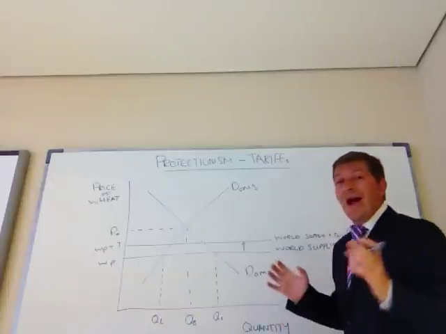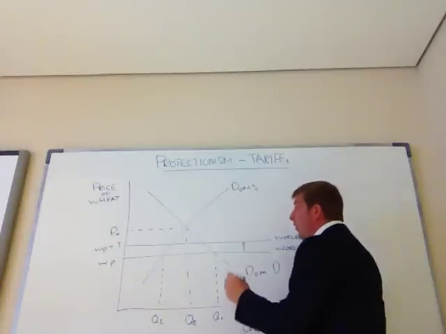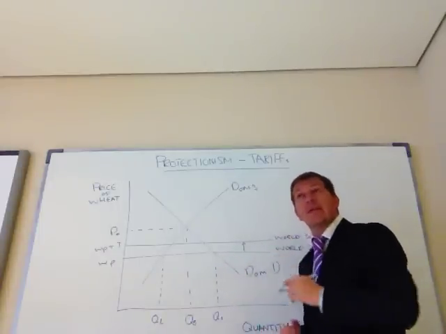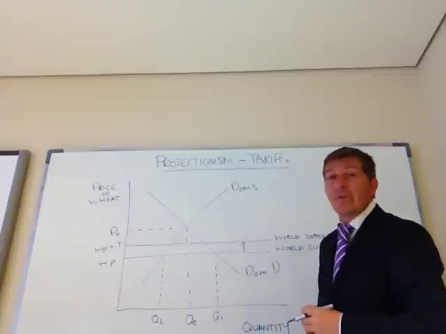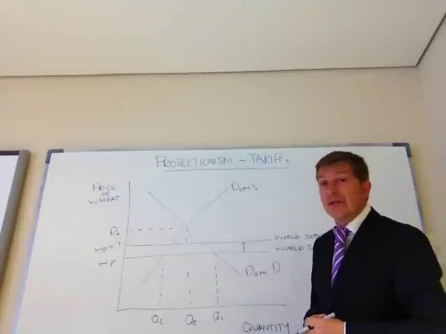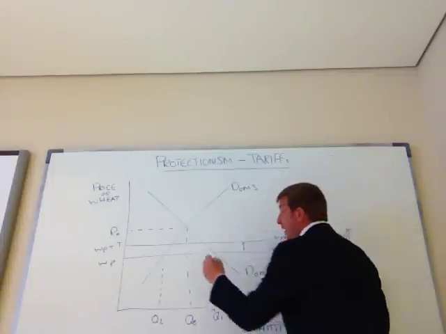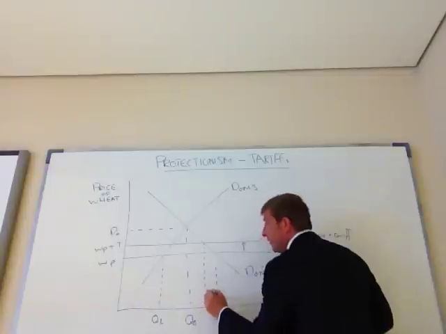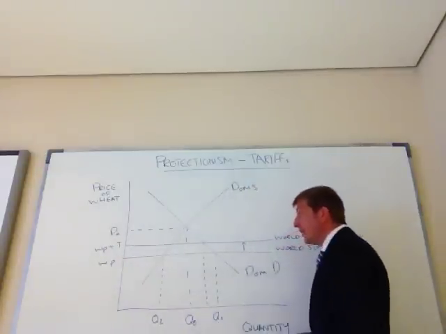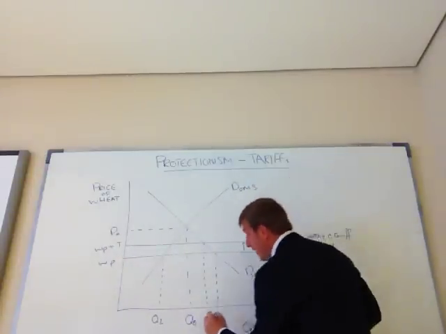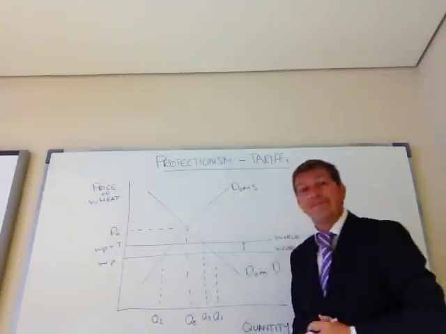Now then, what happens in this scenario? We suddenly see that domestic consumers are forced to pay a higher price for their product, in this case wheat, and they demand less. They demand Q3.